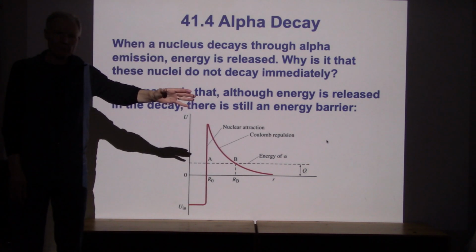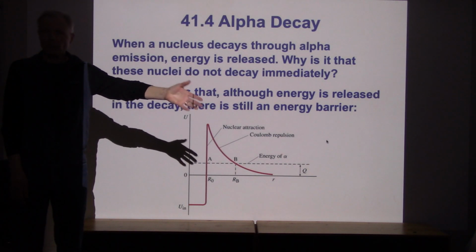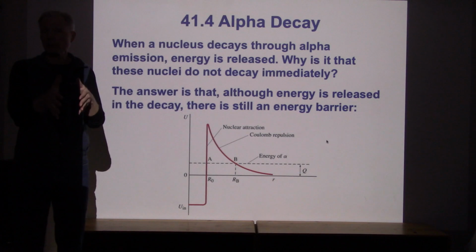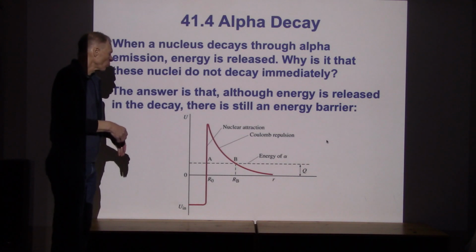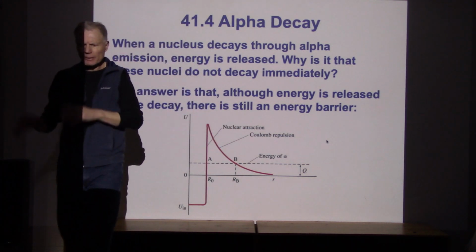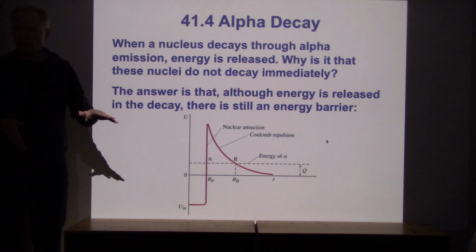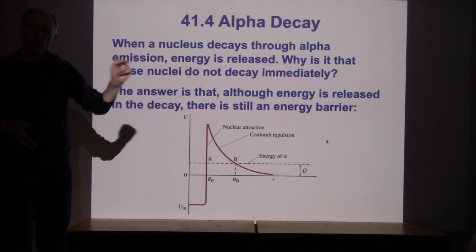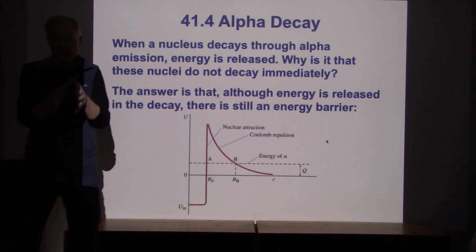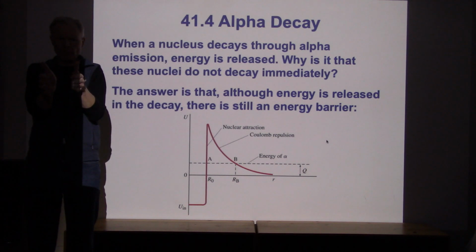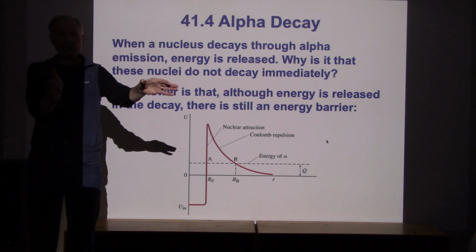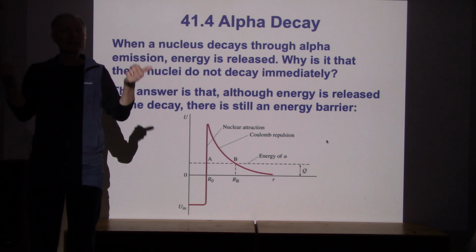Now, there's some probability that some protons or neutrons could end up outside of the nucleus. What happens then is, in order for a decay to take place, there would have to be a lower energy region that the alpha particle can tunnel into. So the idea is everything's staying together, but at some point there's some probability that this separates, and by separating, that allows the possibility of releasing energy.